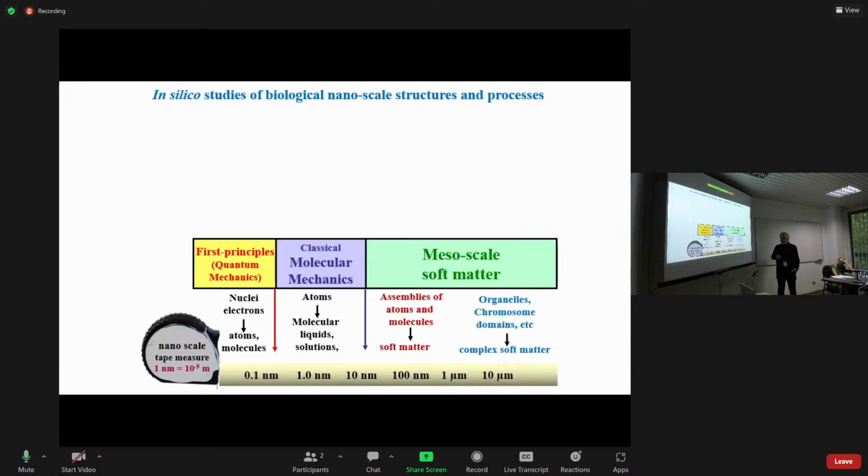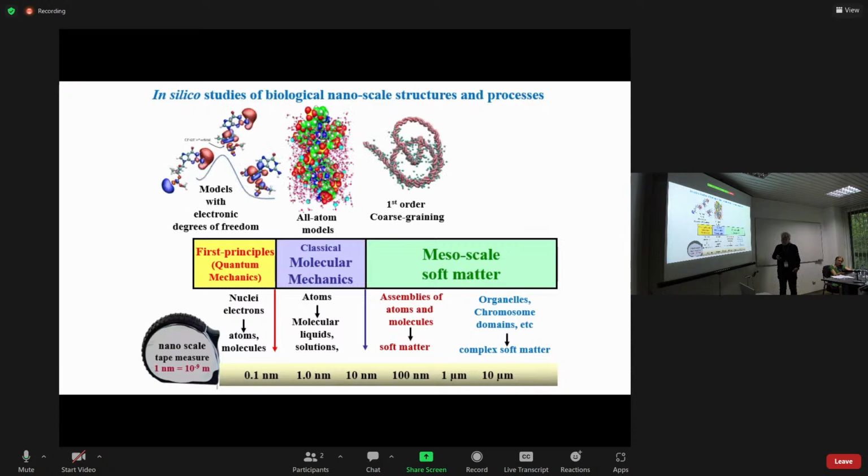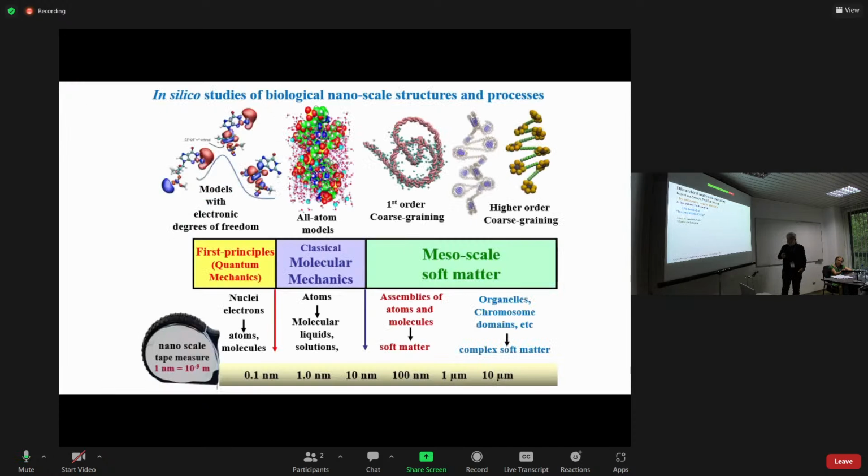And we can study soft matter. We can also study organelles, and well, chromosome was one of the examples, and different types of complex biological soft matter. So here are a few examples of these structures. I will come back to them later.